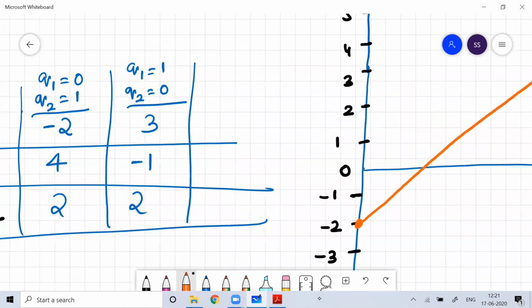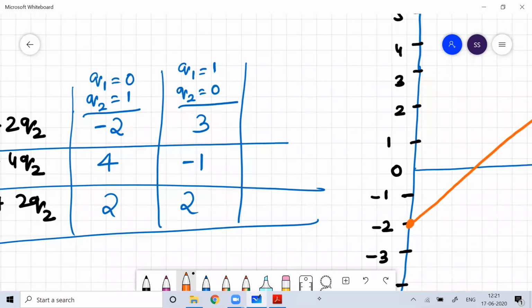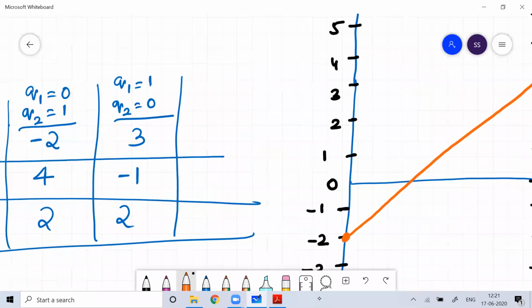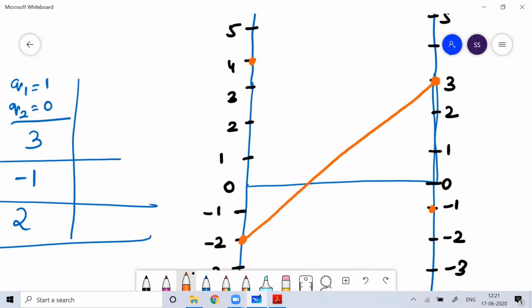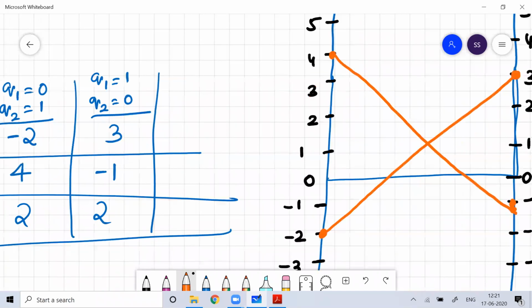Then q1 0, q2 1, 4, and this is minus 1. Okay, and then the next one is 2, 2.